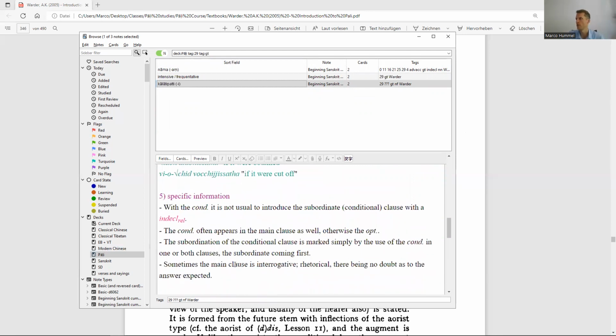The conditional often appears in the main clause as well, otherwise the optative. The subordination of the conditional clause is marked simply by the use of the conditional in one or both clauses, the subordinate coming first.